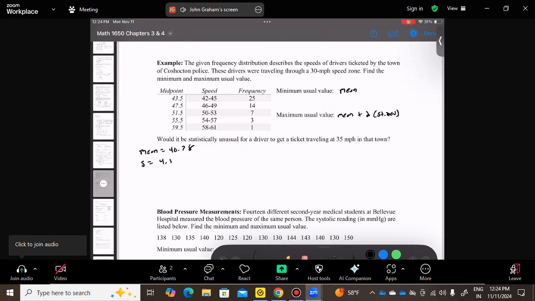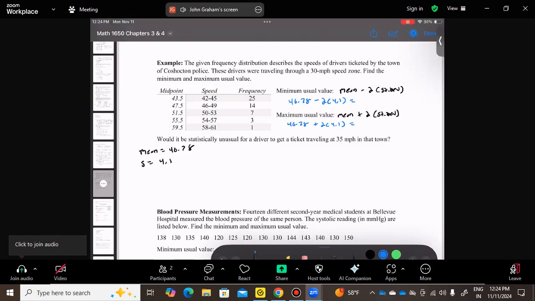So we're doing 46.78 minus 2 times 4.1 and 46.78 plus 2 times 4.1. Now, don't get confused. This isn't the minimum and maximum values or the highs and lows.